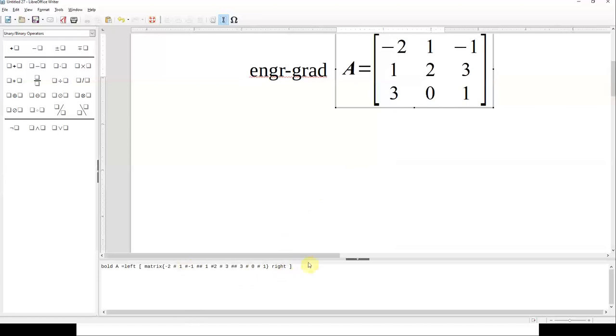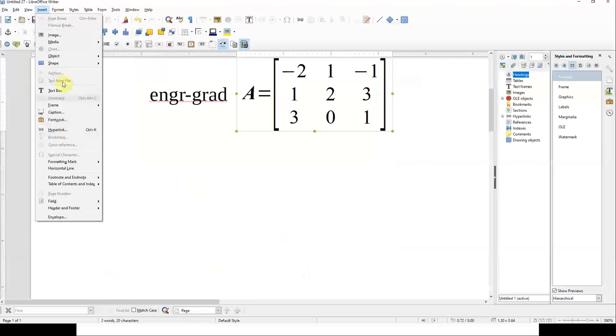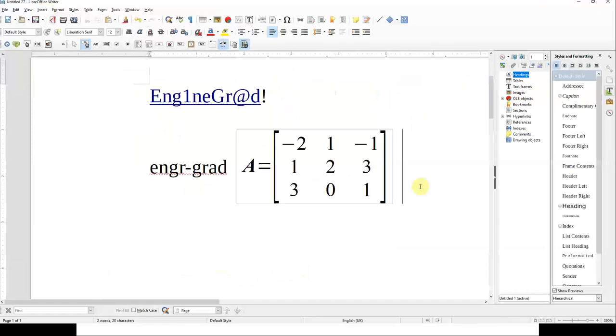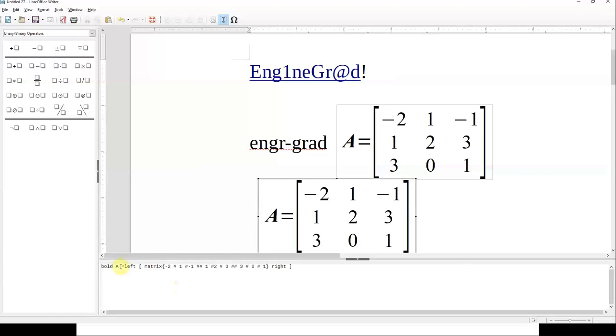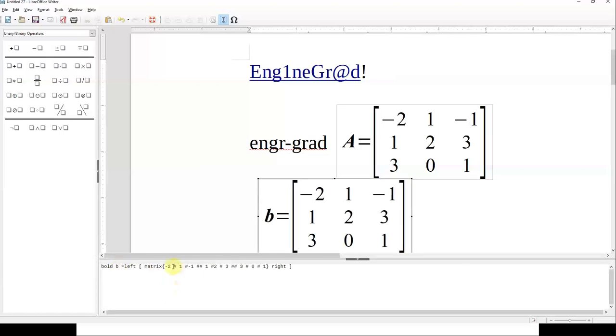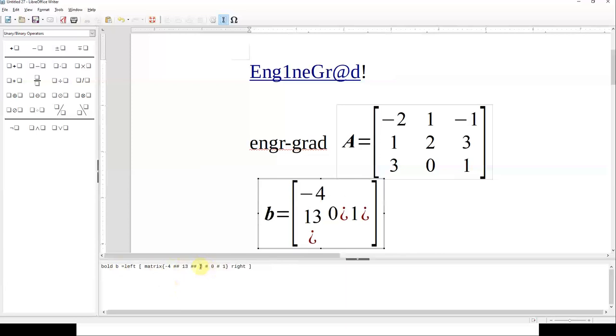What is B? B is 4, 3, 0, negative 1. No, 4, 1, 3 and negative 1.